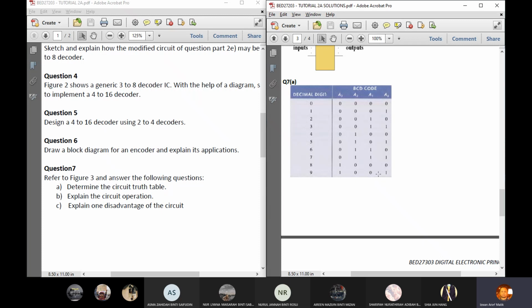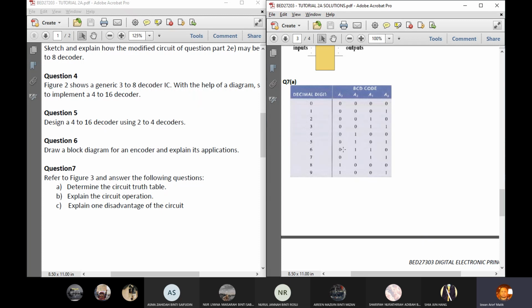So what is 1001? 1 is 8, this is 4, this is 2, this is 1. So 8 plus 0 plus 0 plus 1 becomes 9. Let's look at another example. Number 6, 0110. So A3 and A0 are 0, A1 and A2 are 1.